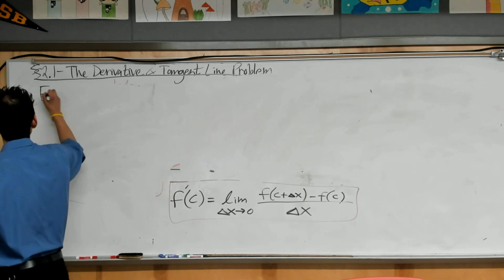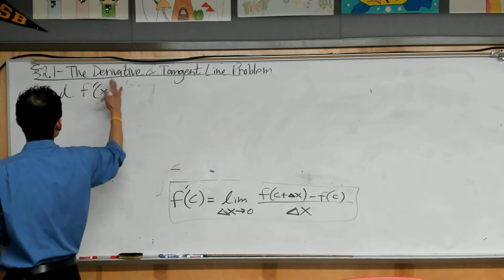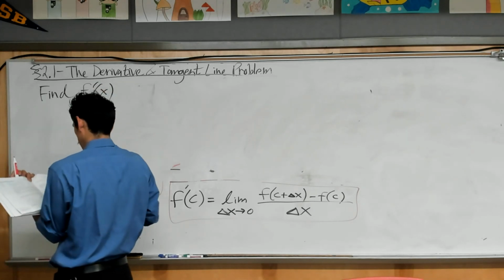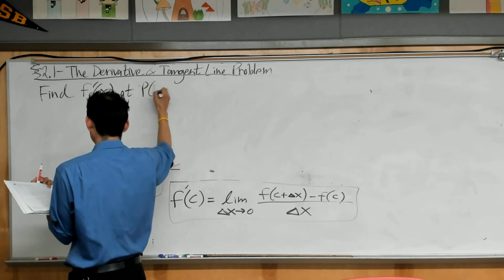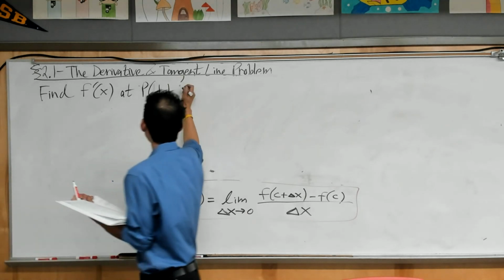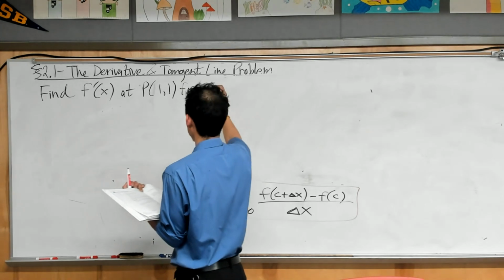Find f prime of x at the point 1, 1 for the graph y equals x squared.